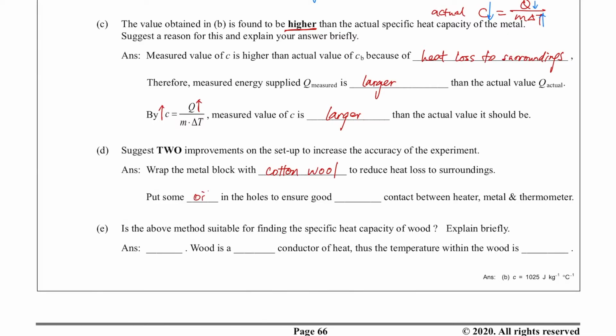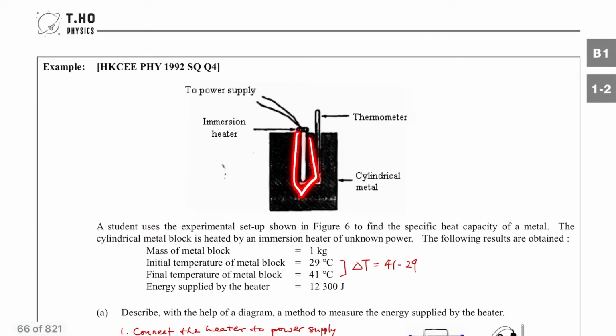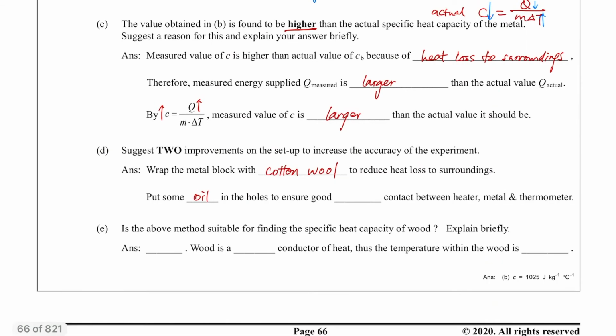On the other hand, we can put some oil in the holes between the heater and the metal block so they would be directly in contact, so the heat can be transferred to the metal more effectively. So to ensure good thermal contact between the heater, metal, and thermometer.